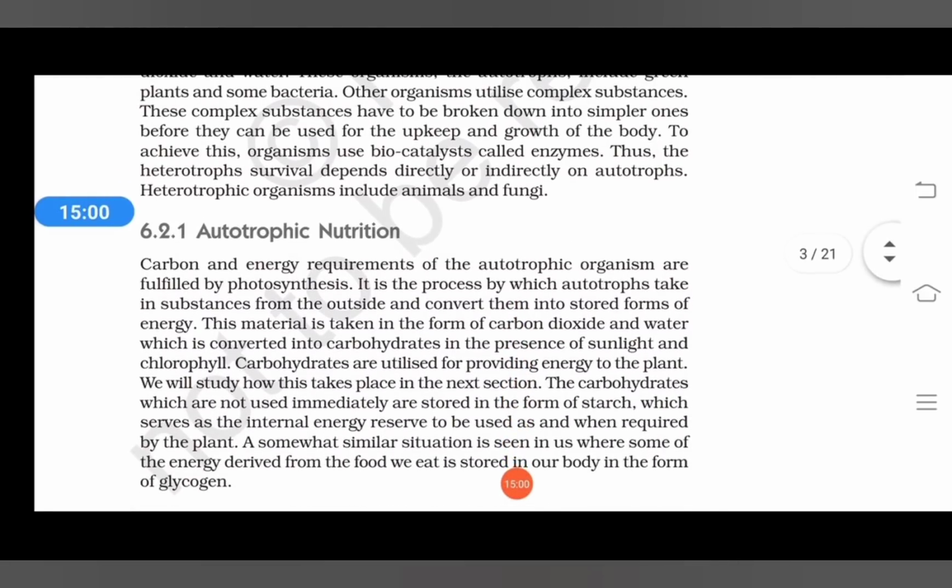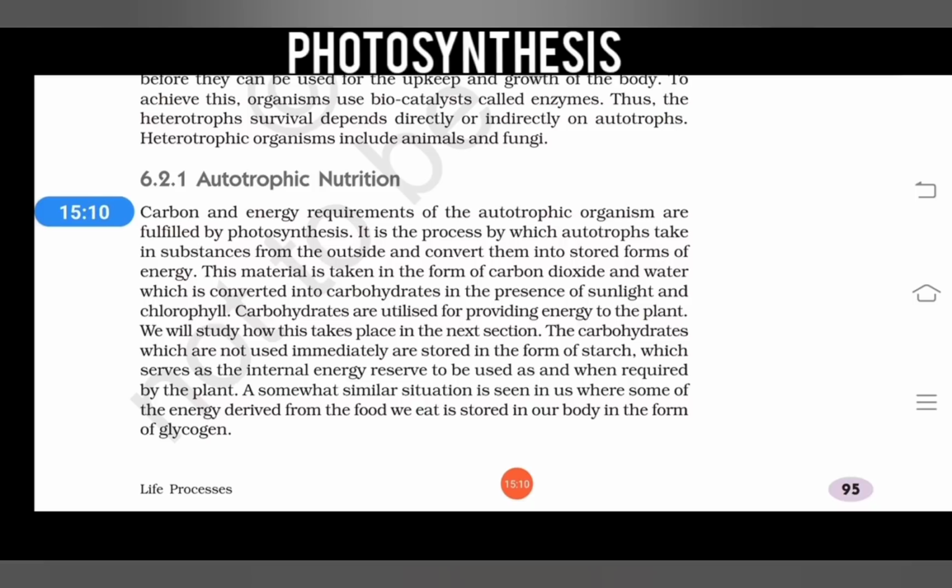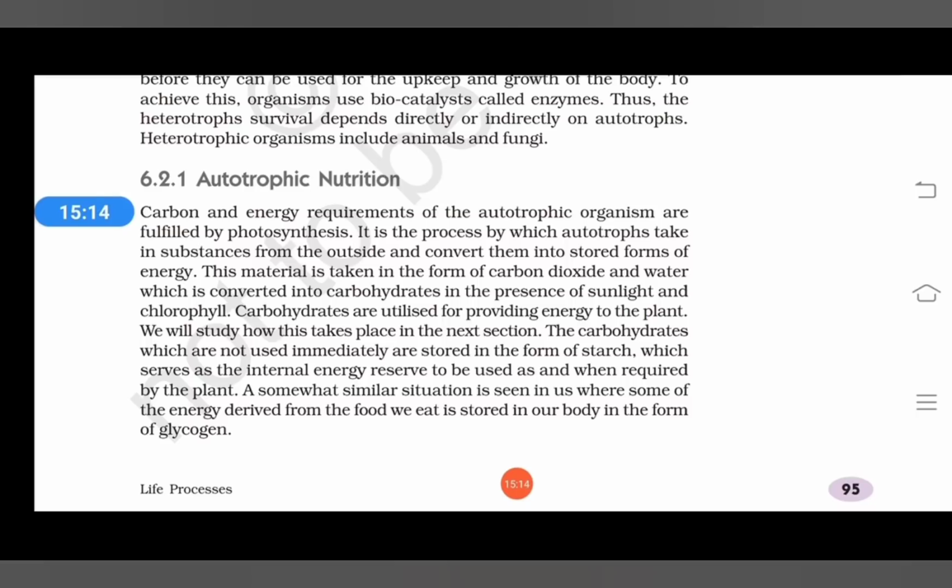So what happens in autotrophic nutrition? The carbon and energy requirements of autotrophic organisms are fulfilled by photosynthesis. As you know, it is the process by which autotrophs take in substances from outside and convert them into stored forms of energy. This material is taken in the form of CO2 and water, which is converted into carbohydrates in the presence of sunlight and chlorophyll.